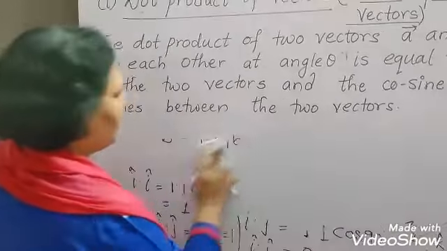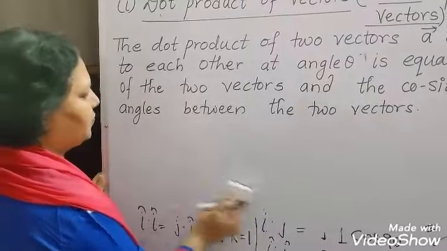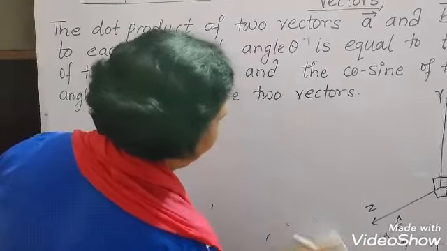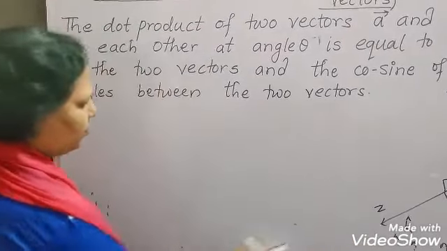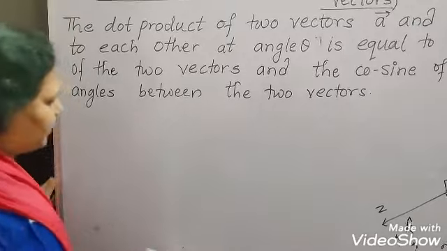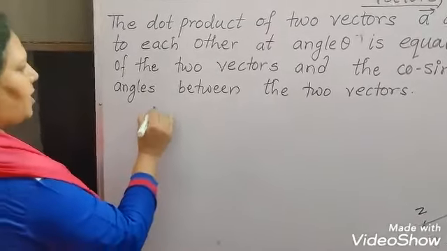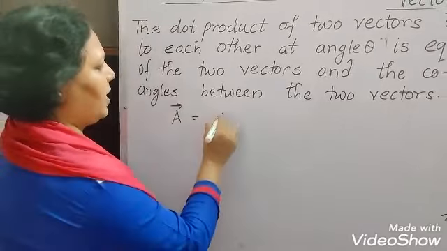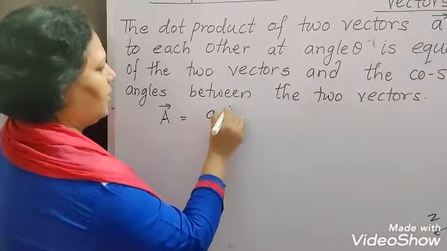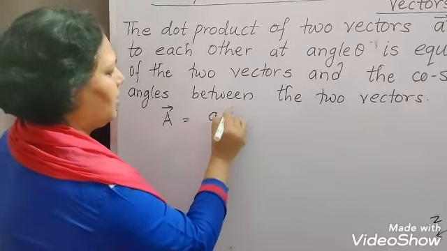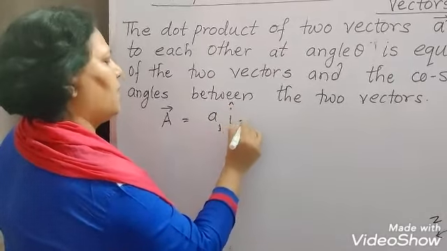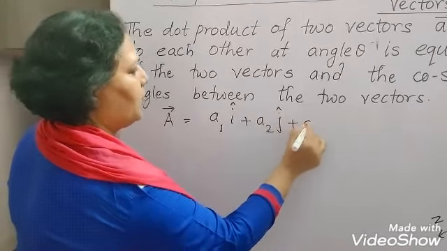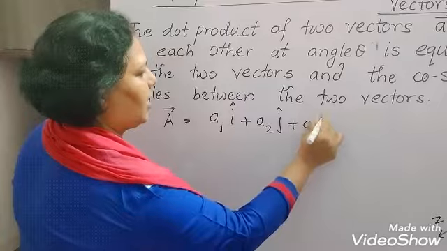We can see the two vectors in 2 dimension as well as in 3 dimension. So what will be the product in such case? Suppose I am taking here a vector A, which is equal to A1 i cap plus A2 j cap plus A3 k cap.